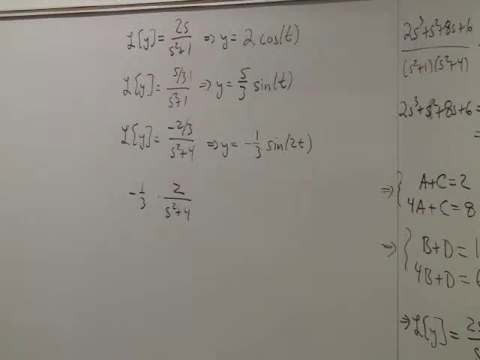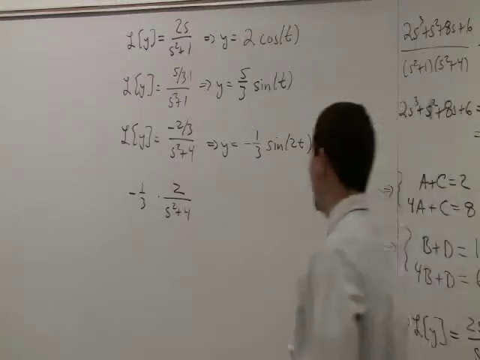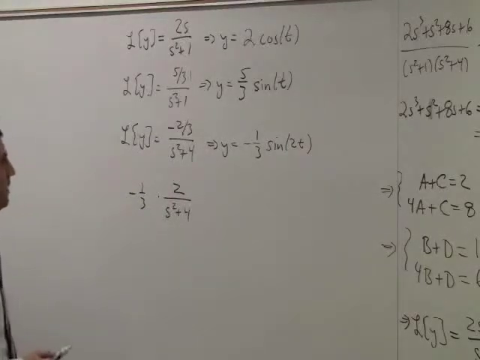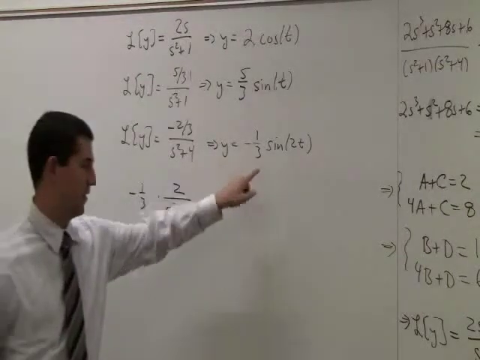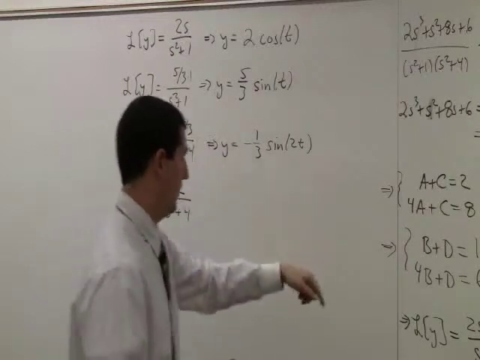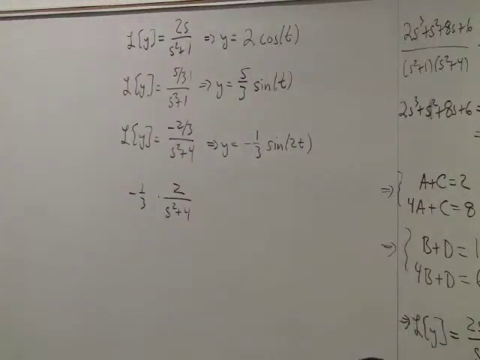Okay. We'll leave it like that. So that's our y. So we can put this all together, and we get our y is 2 cosine of t plus 5/3 sine of t minus 1/3 sine of 2t.